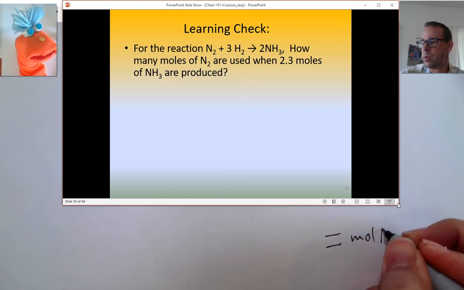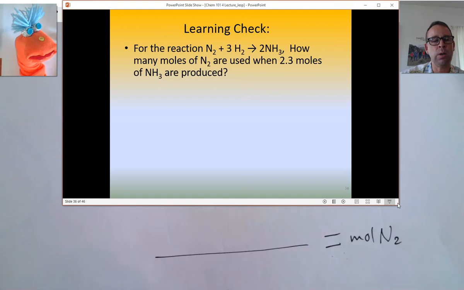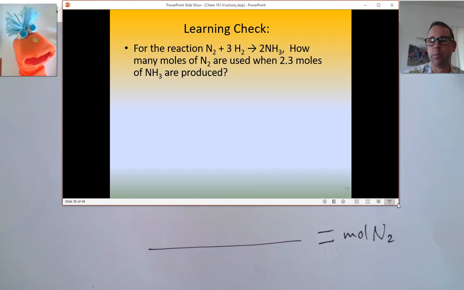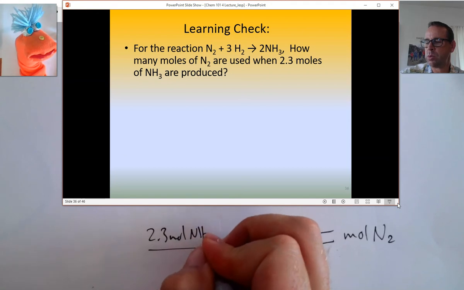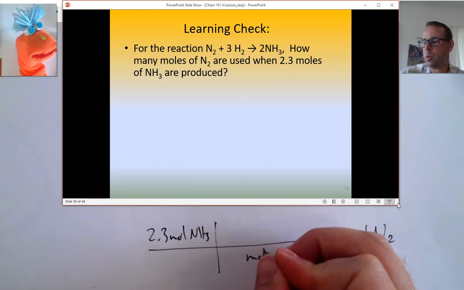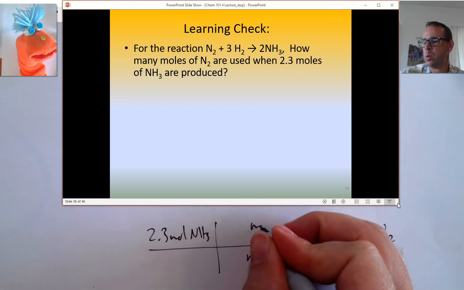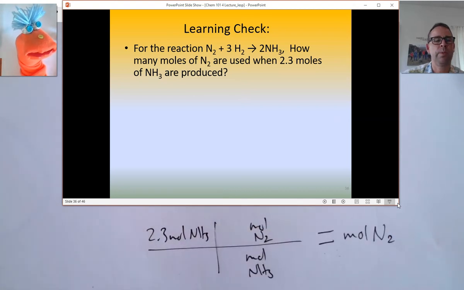Very good. Moles of nitrogen gas. And we start with what? 2.3 moles of ammonia. 2.3 moles of NH3. And then I go from moles of NH3 to moles of N2. Is that right? Yeah. And then I use my stoichiometric information, 1 N2 for every 2 NH3s.